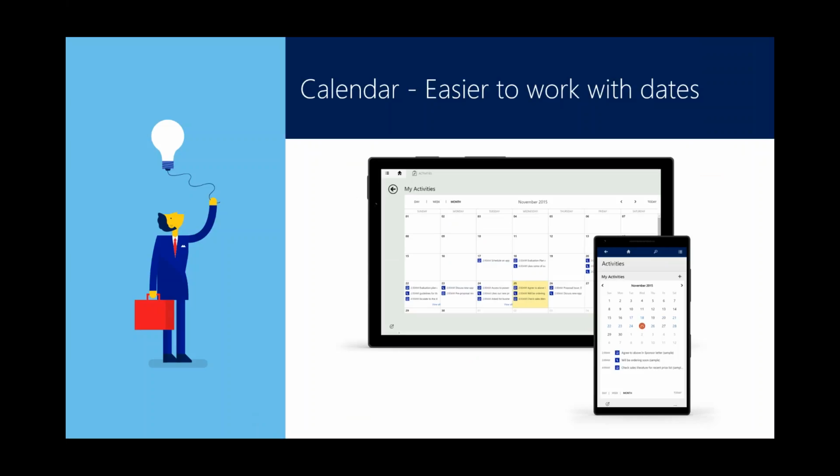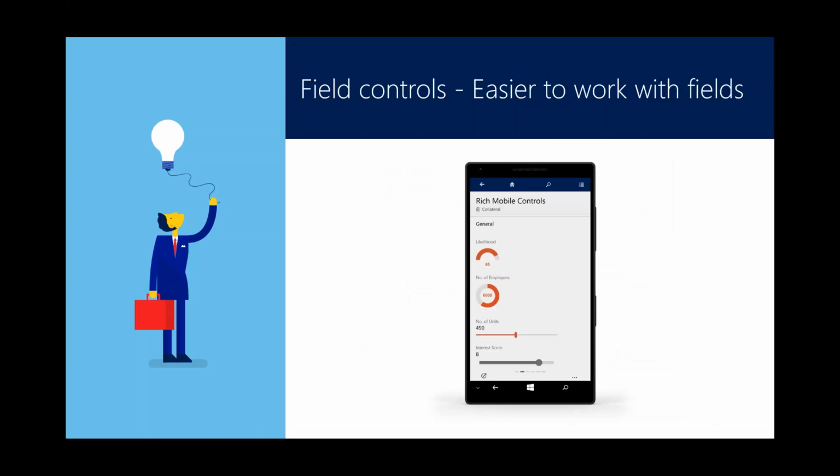There is a calendar control available so that you can visualize activities rather than seeing them within a long list. We have different types of controls. Some of these controls are not available in the standard CRM forms. They've really been designed specifically with mobile use in mind.